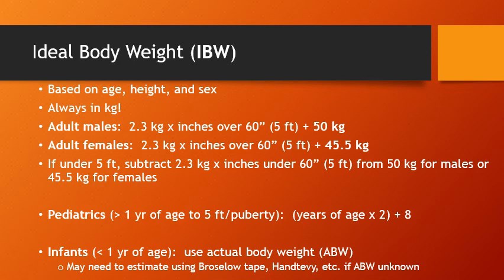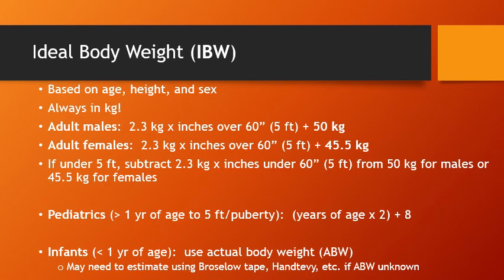Now, if the patient is under 5 feet and they're an adult, then you're going to subtract 2.3 kilograms times the inches under 60 that they are, or under 5 foot. You're going to subtract that from 50 kilograms for males, or 45.5 kilograms for females.